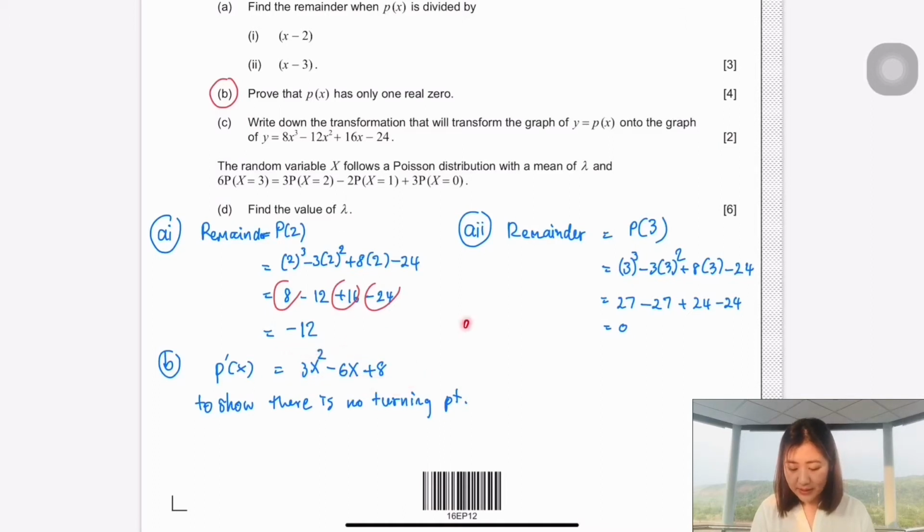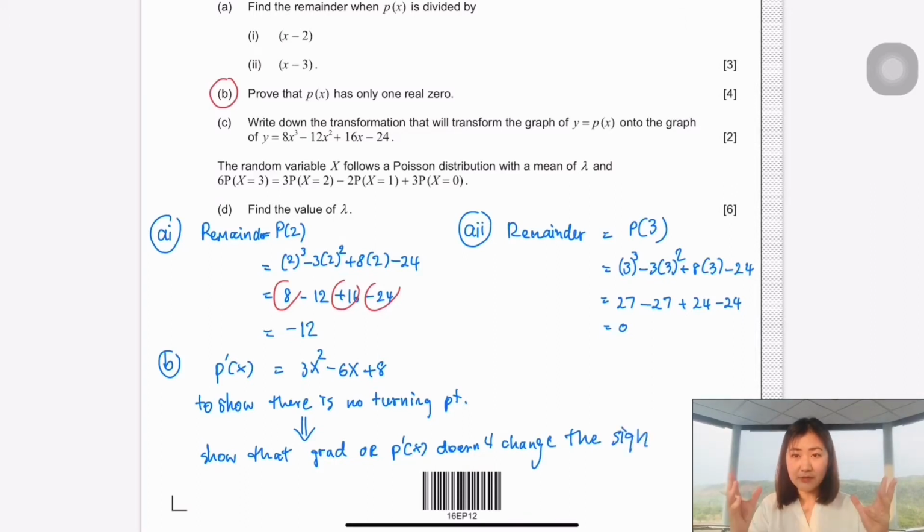Or you could say we have to show that the gradient, p′(x), doesn't change sign. If they are positive, it's positive. If they are negative, they stay negative, for the gradient of p(x).